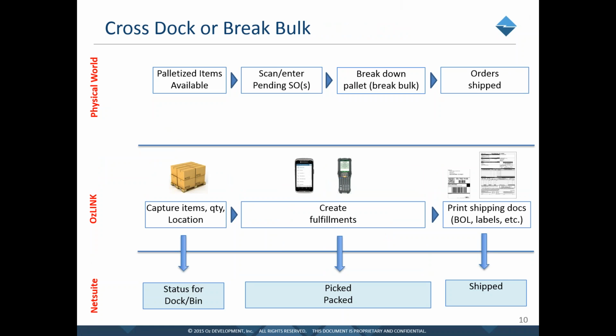As we go through and look at the cross-stock scenario, what you see is that you've had palletized items available. In a cross-stock scenario, products come, they're never fully received into the warehouse. They're left somewhere in the staging area, somewhere in the receiving or inspection area, and you need to add to that order with your particular products.